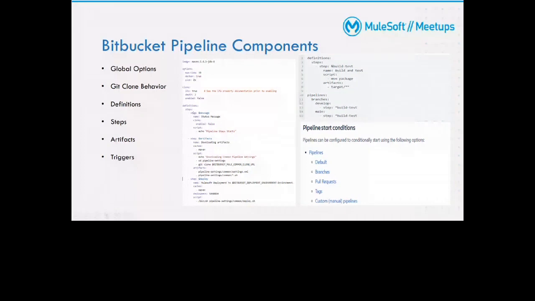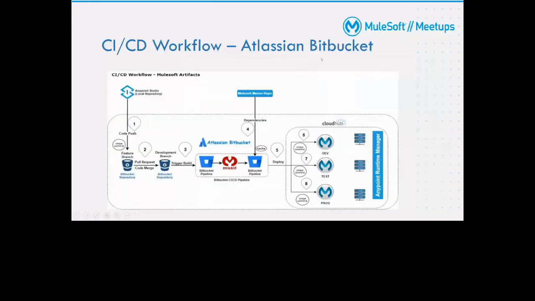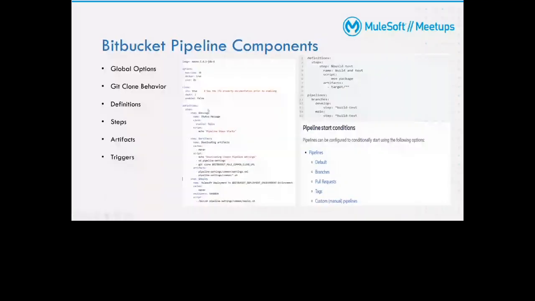Similarly, you can define your steps under definitions, and whatever steps you want to have in your pipeline, you can use those steps which are defined earlier. So if you see at the right hand side at this point, definition, steps, right? And then you have pipeline.